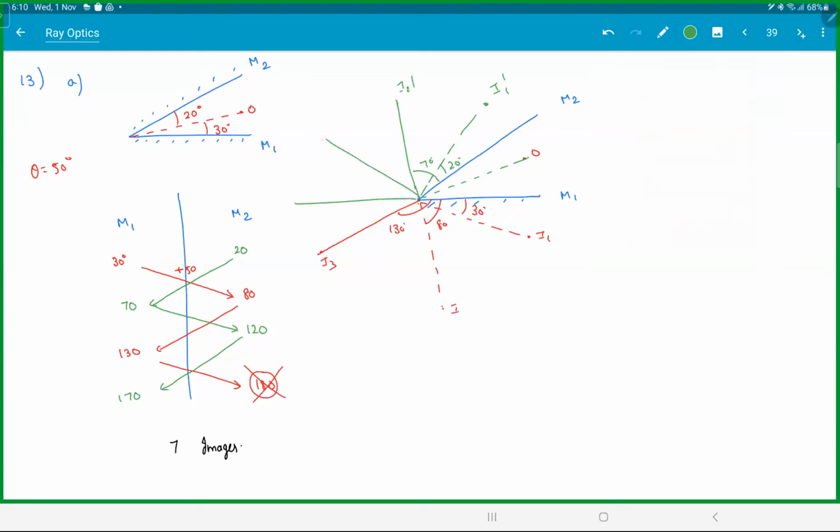So we have I3 dash, I4 dash. So basically we are always taking these angles. This is 120. This is 170. All of these will be on a kind of circle. If you join them, you get a circle. Clear with this? So basically this image will form in M2, this image on this, and so on.